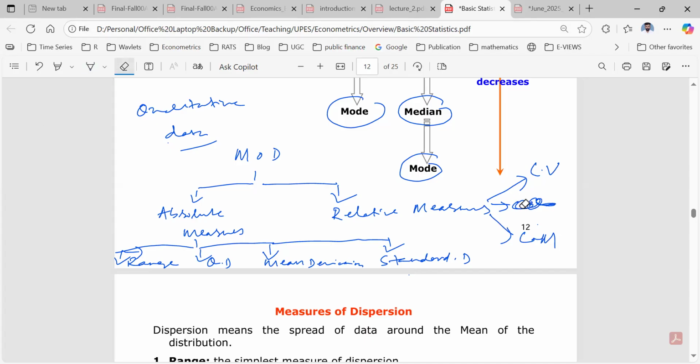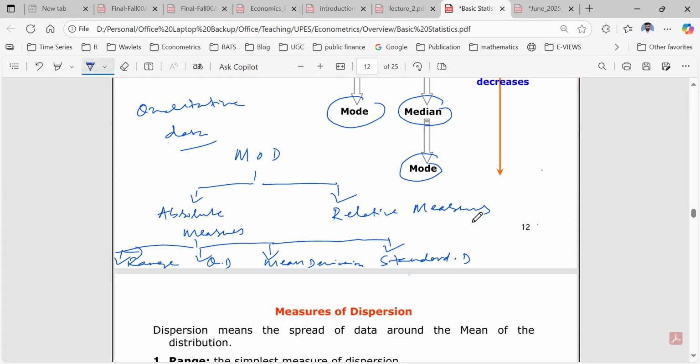Let's write it down clearly: coefficient of variation, coefficient of quartile deviation, then coefficient of mean deviation. Is it clear? Yes, sir. Okay.